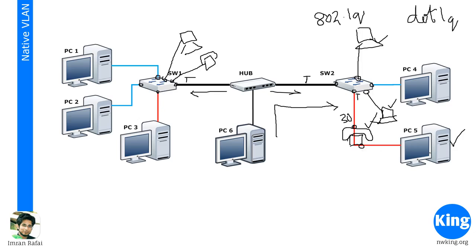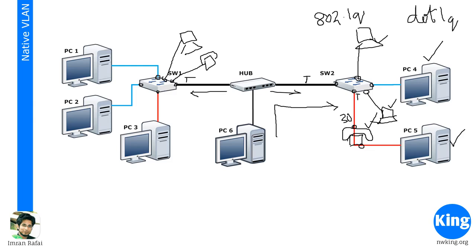Now, what happens to the computer? What if the computer, now computer in this case, like if you say PC4, this is an access port. Access port, it says that any traffic coming from here is on VLAN, let's say 10 because it's blue, right? But now PC5 is coming without any tag because this is a trunk. You don't configure any VLANs on a trunk, right? If you remember, we just create switchport mode trunk.